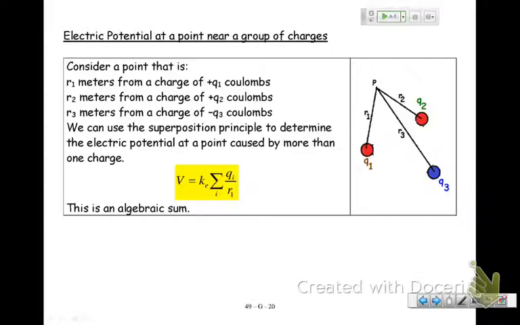So, we've got 10 minutes. Let's say that we have a family of charges. So we're going back to having point charges. And I want to know the potential at this point here. All I do is I sum the potentials caused by each of these things. Let me ask you, I haven't mentioned this yet. Think about potential. Potential is energy per coulomb. Agreed? Is potential a vector or a scalar?